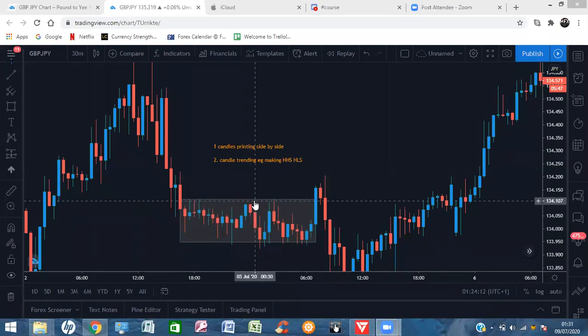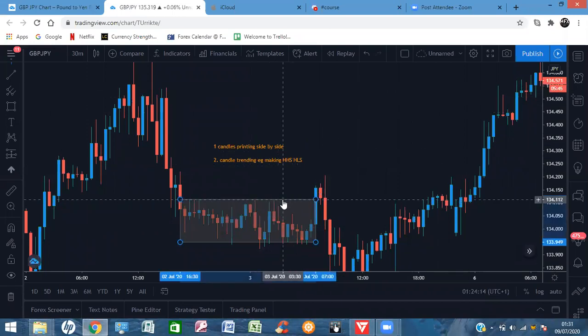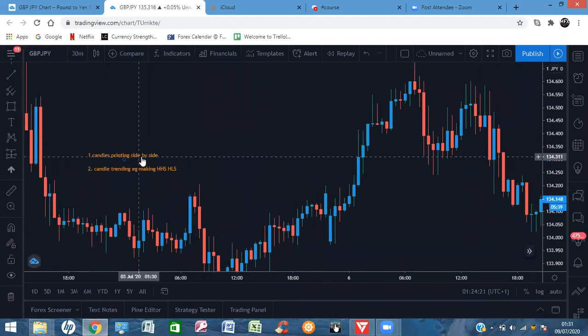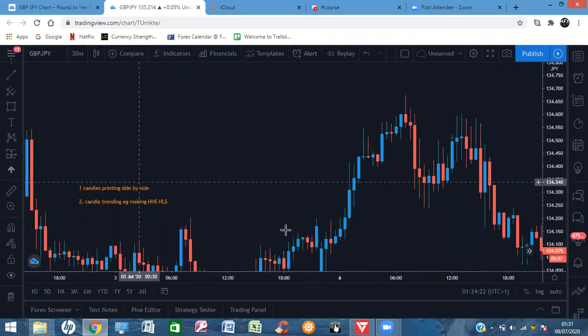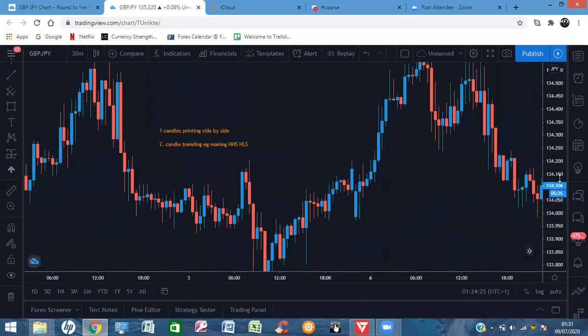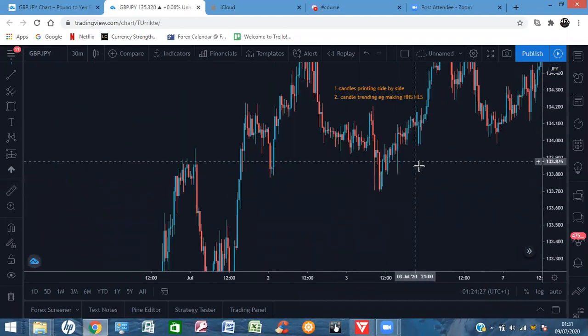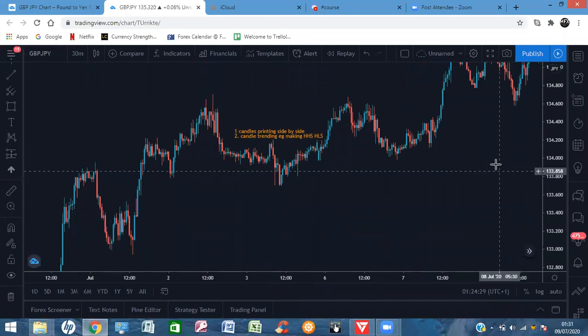Now that we've touched on consolidation, we've talked about short-term trends. Now we can talk about higher market structure trends.